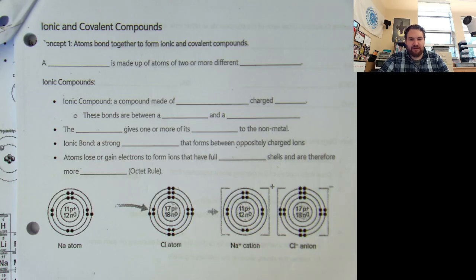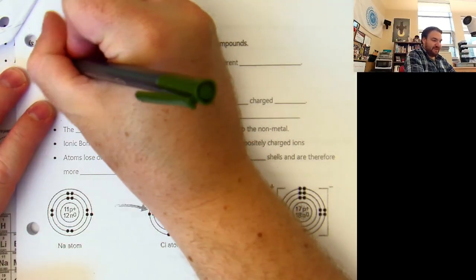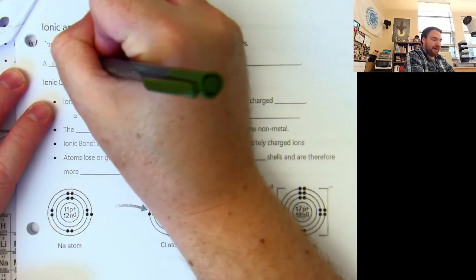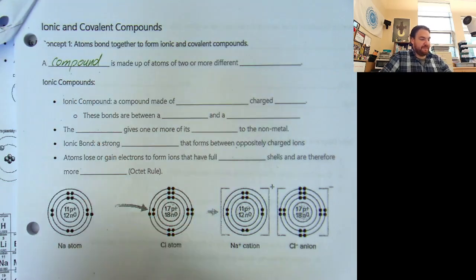What's a compound? So this first blank is here. A compound is made up of atoms. Shocker. Everything's made up of atoms. But to have a compound, you would have looked at this in grade 9 when you were talking about different classifications for matter.